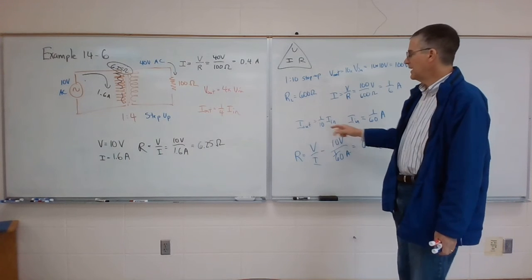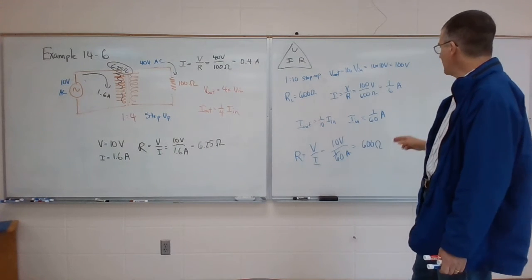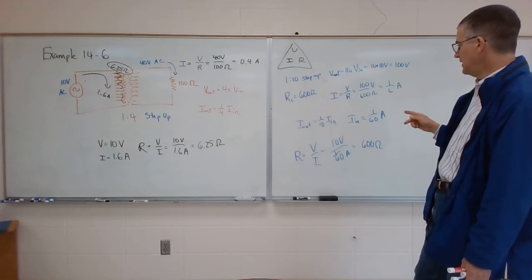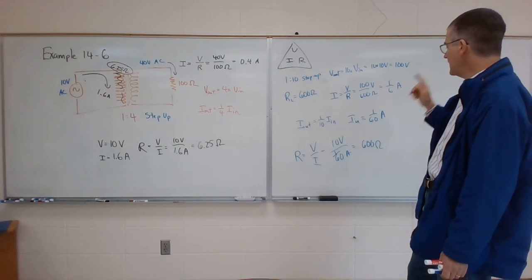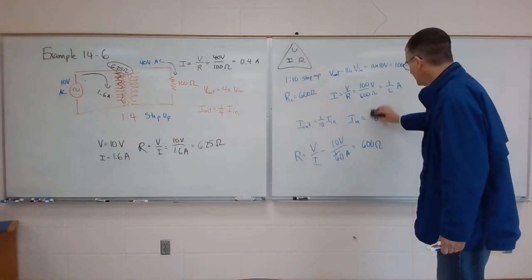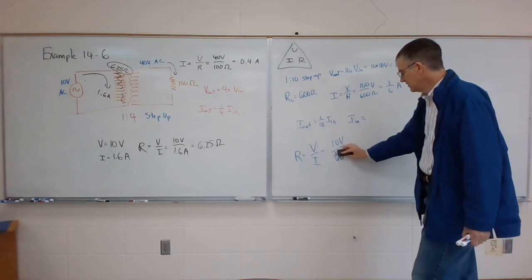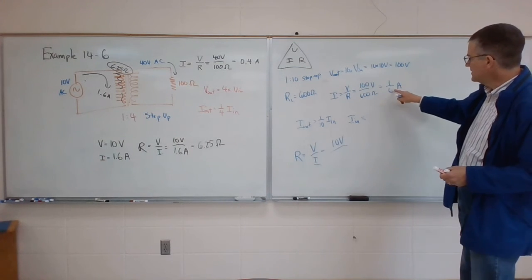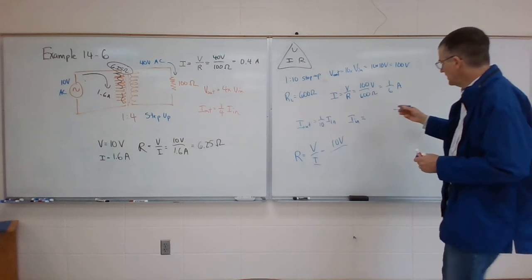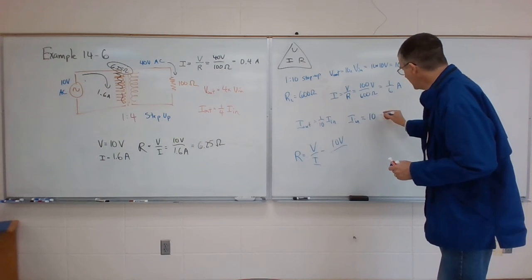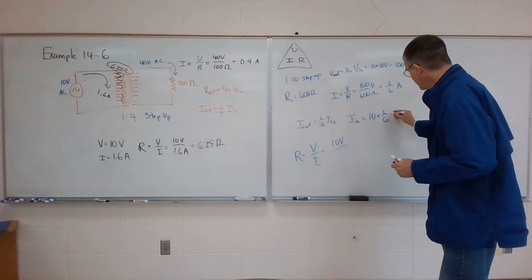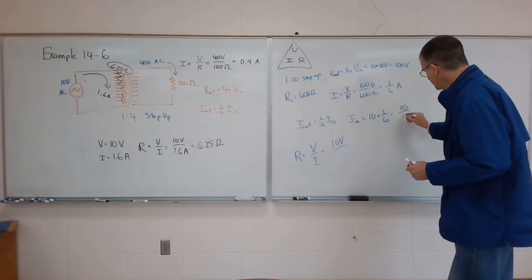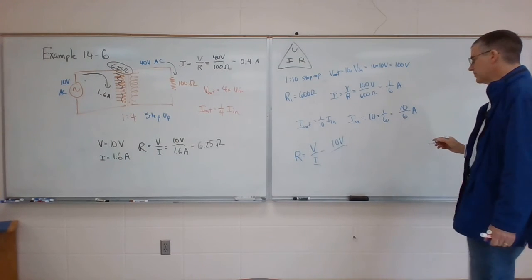And then the current out is 1/10 the current in. Oh, 1/10. Sorry. The current in is 10 times the current out, so the current in is 10 times 1/6. It should be 10/6 of an amp.